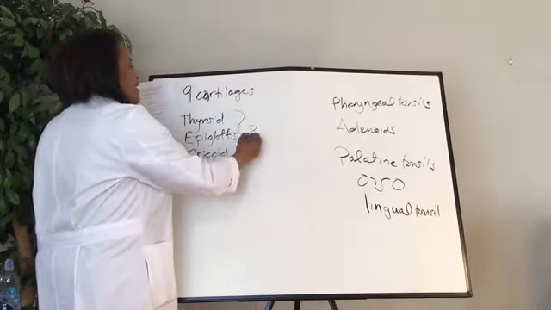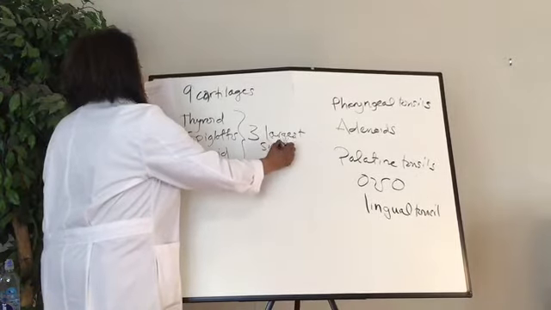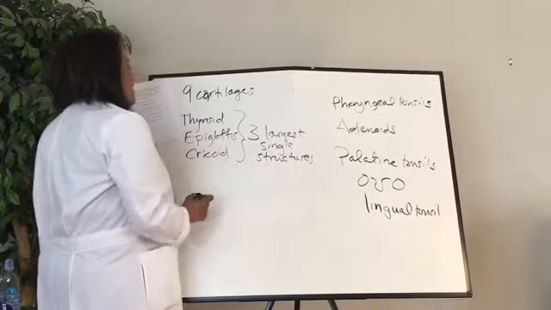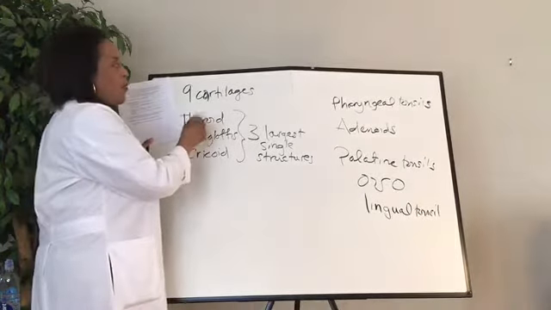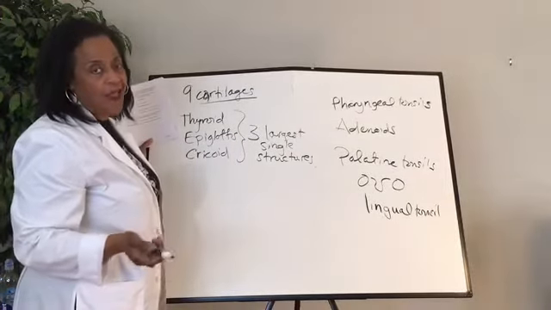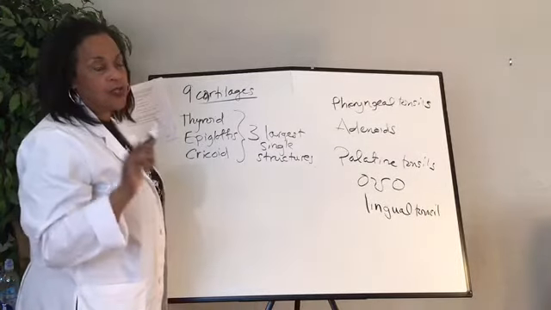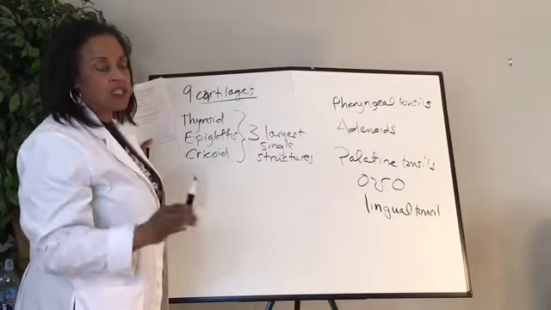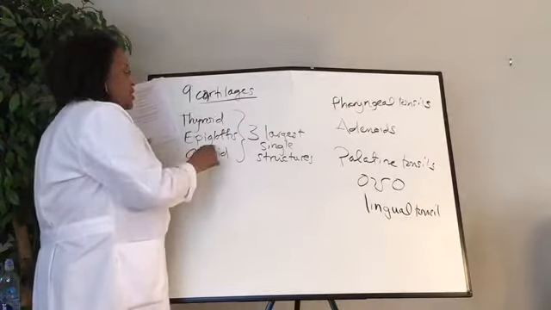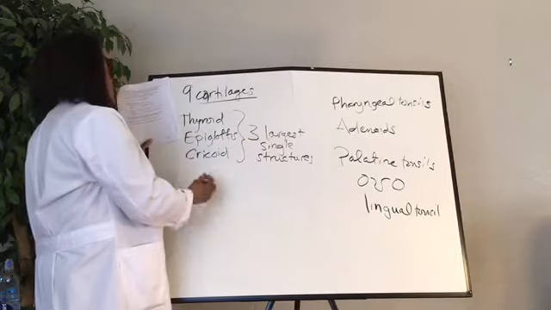These are the 3 largest single structures. And when you say thyroid, I want you to put the word cartilage on it. Otherwise, I'm going to think that you're talking about the gland. Because remember, you have the thyroid gland and you have thyroid cartilage. So whenever we're talking about the larynx, you must put the word cartilage with it. Thyroid cartilage, epiglottis, and cricoid cartilage are the 3 single structures.